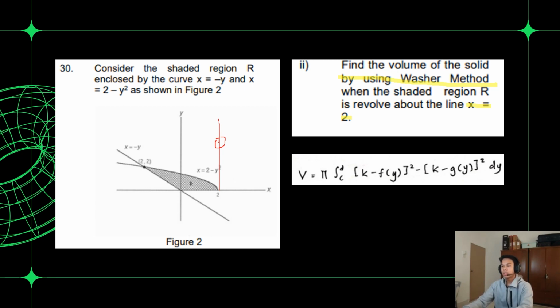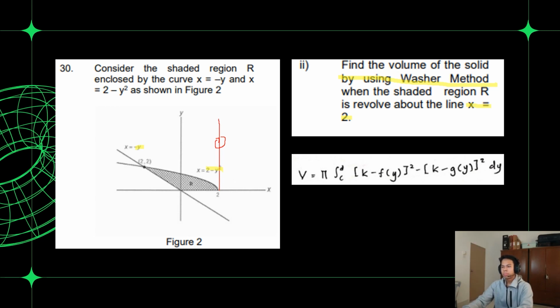In this formula, we need the f function. The f function actually is the outer layer. In this question, the outer layer is here, this straight line. However, for the g function, which is the inner layer, it is actually the curved line, which is here.